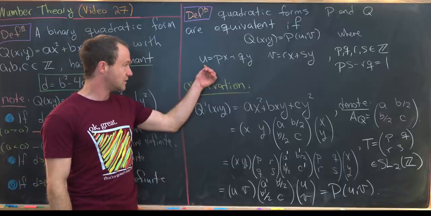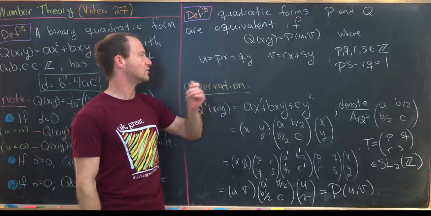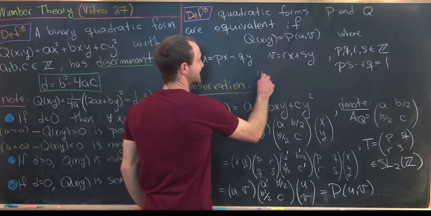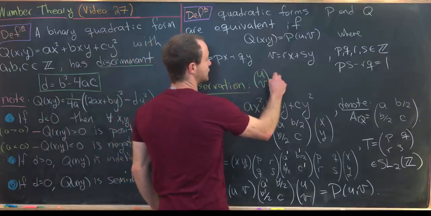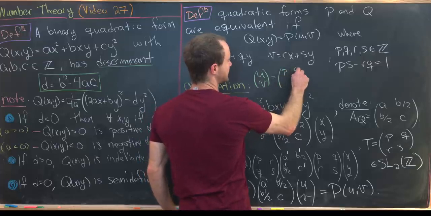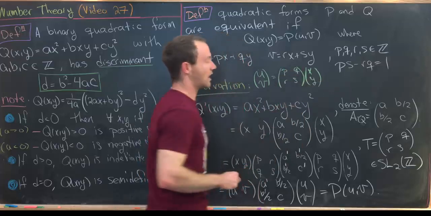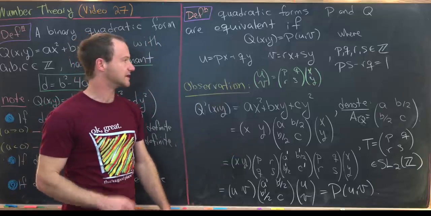So here we'll have u equal to px plus qy, and v equal to rx plus sy. Notice as a vector, we have (u,v) equal to the matrix pqrs times the vector (x,y). That's an important thing to notice.